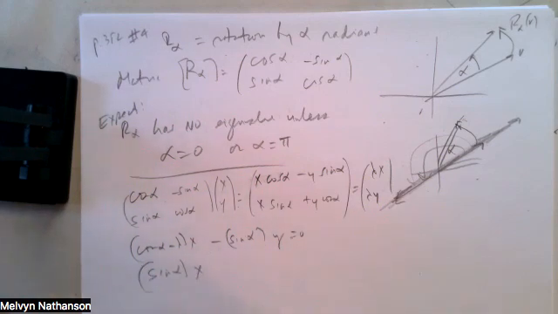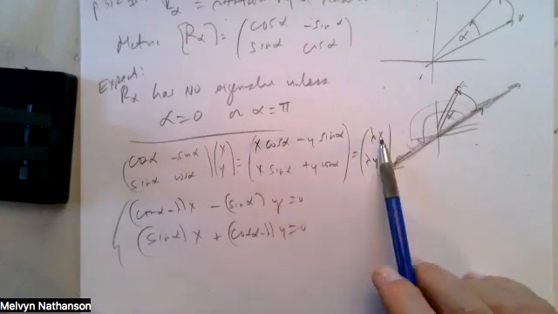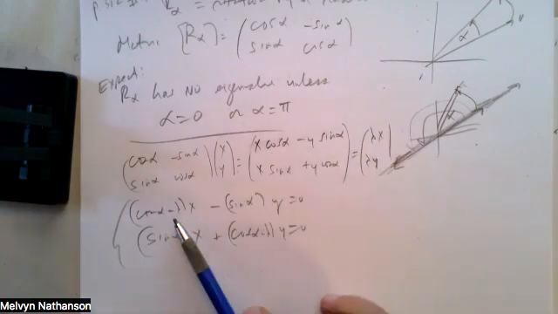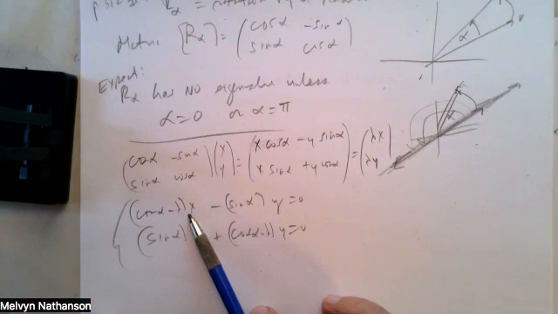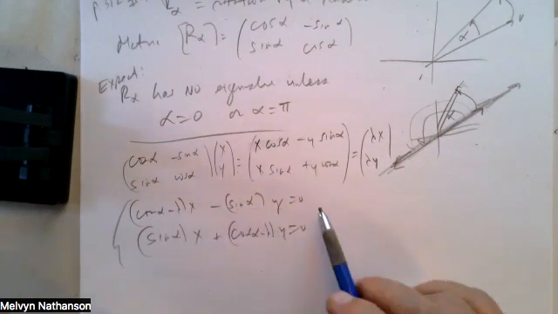Sine alpha times x plus cosine alpha minus lambda y equals 0. Right? This is x cosine alpha minus lambda x is cosine alpha minus lambda times x minus sine alpha times y, and so on.